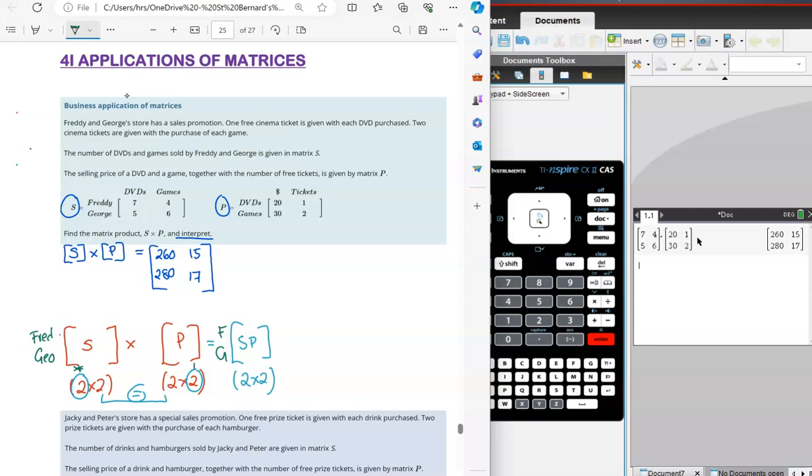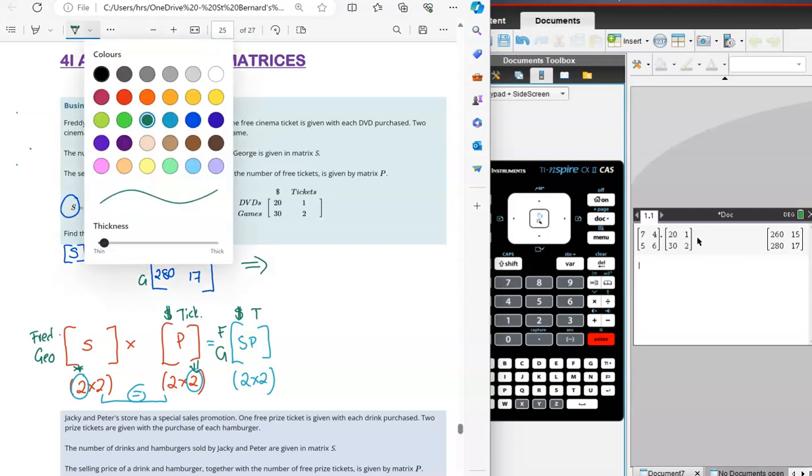We took the columns of matrix P, and the columns of P were the money and the tickets. So those are the columns we're going to have in our answer: the money and the tickets. So now that's Freddie and George, and money and tickets. When you're asked to interpret it, what do you think that's showing you now?